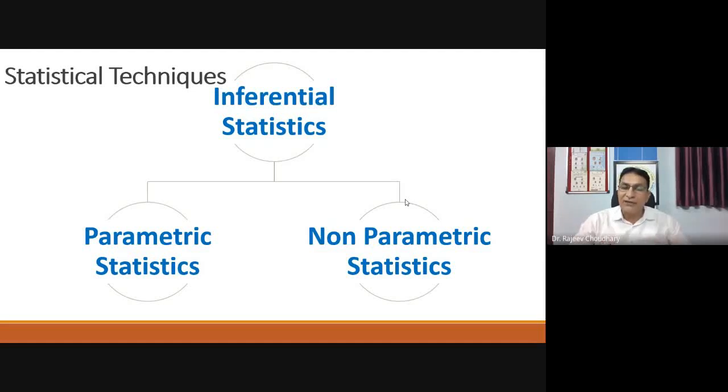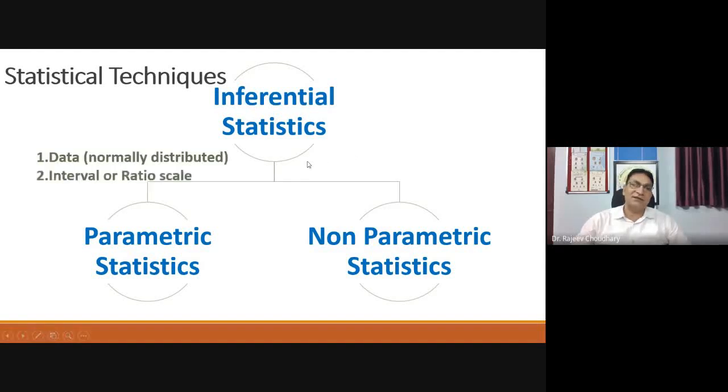To apply a technique which comes under the first category, parametric statistics, the first assumption is that the data should be normally distributed. And the second assumption is that at least an interval or ratio scale is required. So first we have to test the normality. If this assumption is fulfilled, in that case we apply parametric techniques, otherwise we have to apply the parallel non-parametric technique.